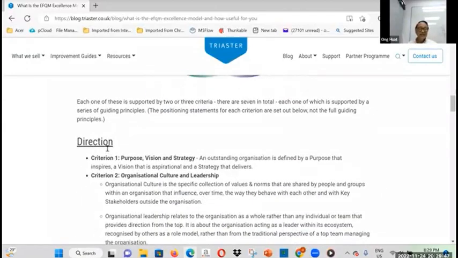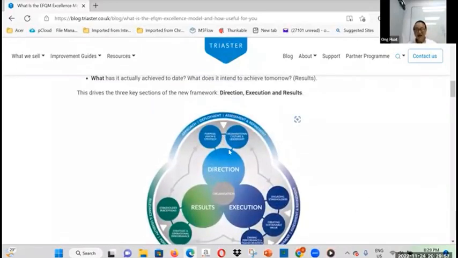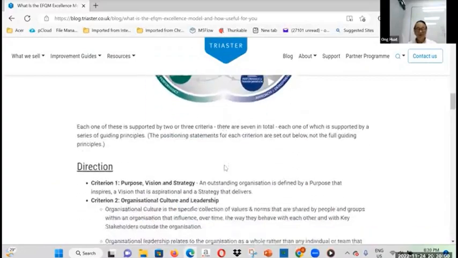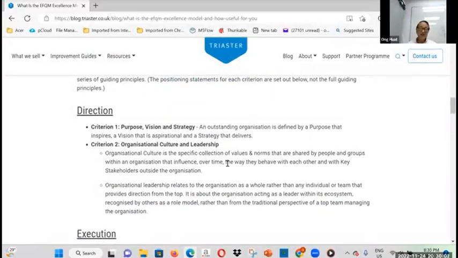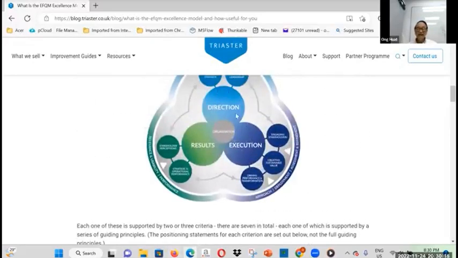Direction is always talking about two criteria, right? So in the direction, in the model, he just mentioned vision, strategy, right? And the other criteria, he mentioned about culture and leadership. So in terms of anything to be done, direction is so important, and this is the indication of the plan or the goal, the target or whatever it is, you need to format.